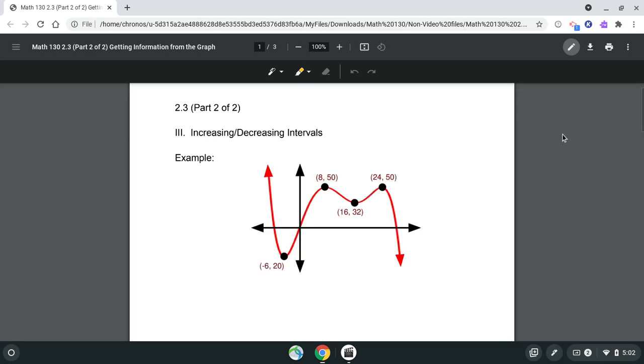And just like back when you had lines, you looked at the slope and whether or not the slope was positive, if you're walking left to right.